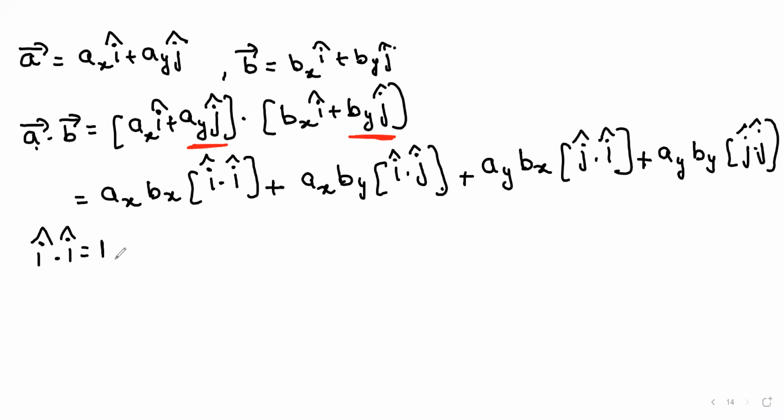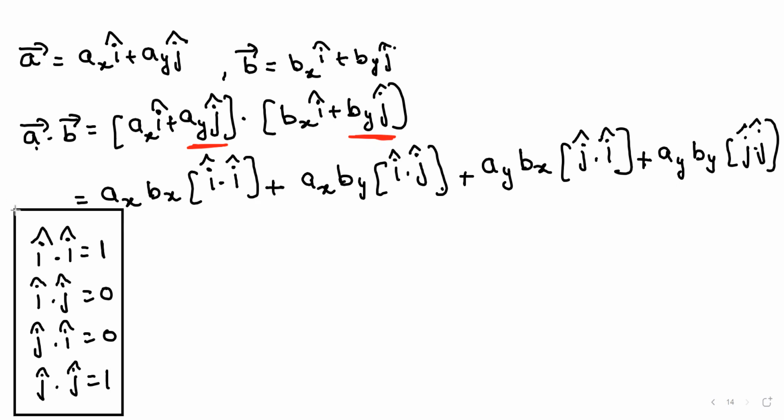So i dot i is 1, i dot j is 0, j dot i is 0, j dot j is 1. We have to remember this. So we substitute these values in this equation.